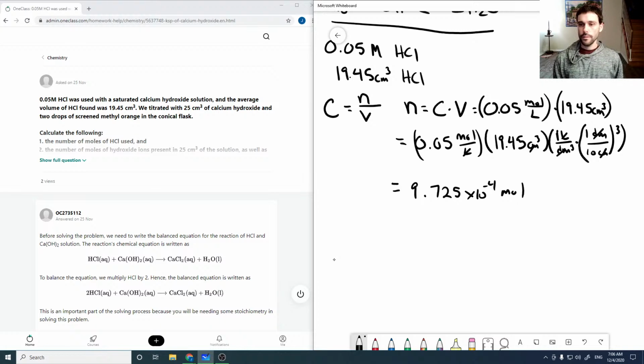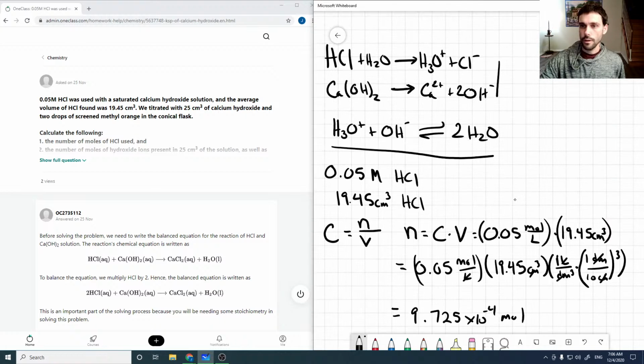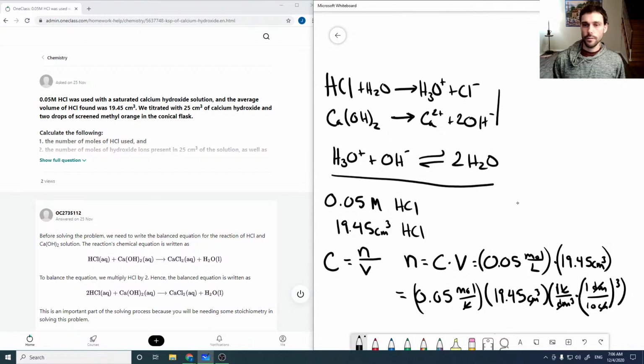And then from our dissociation up above, we see that we get complete dissociation. So this is also our number of moles of H3O plus, and it would also be our number of moles of chloride, right? So then that means that our H3O plus is our number of moles of HCl.